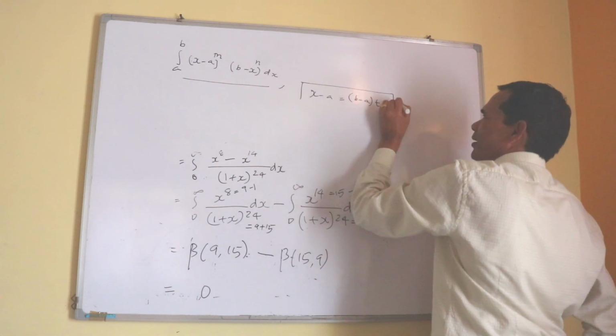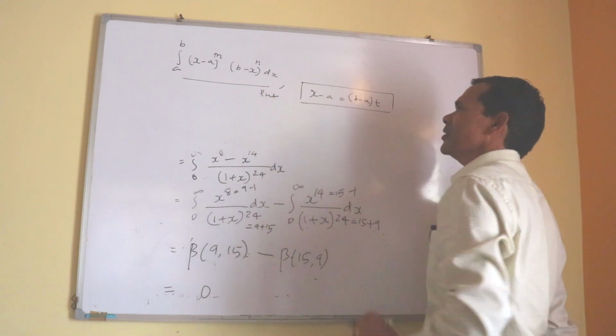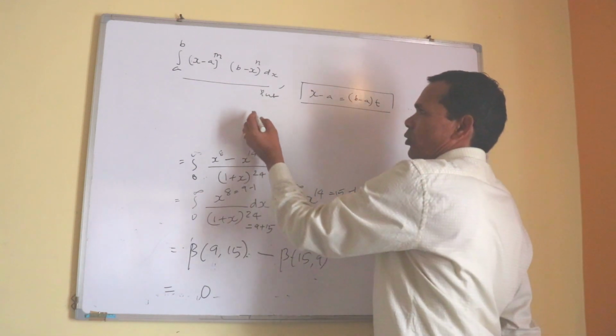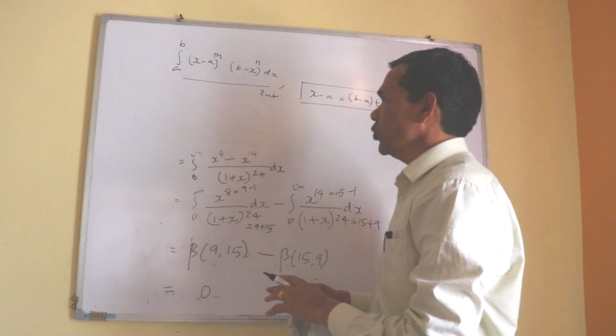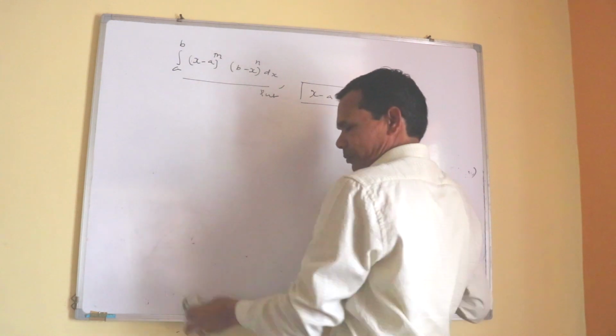This is the important thing. We use this substitution for such types of integrals and reduce them to the form from 0 to 1 of t raised to m, (1 minus t) raised to n. So let us see one example on this.